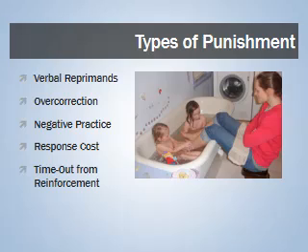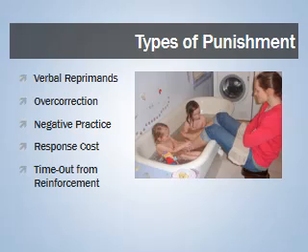Overcorrection is a form of positive punishment, when you're going to have to do something or something's getting added. And it can involve either one of two things. Restitution is the first, and that means that you have the individual correct any negative effects of their behavior.